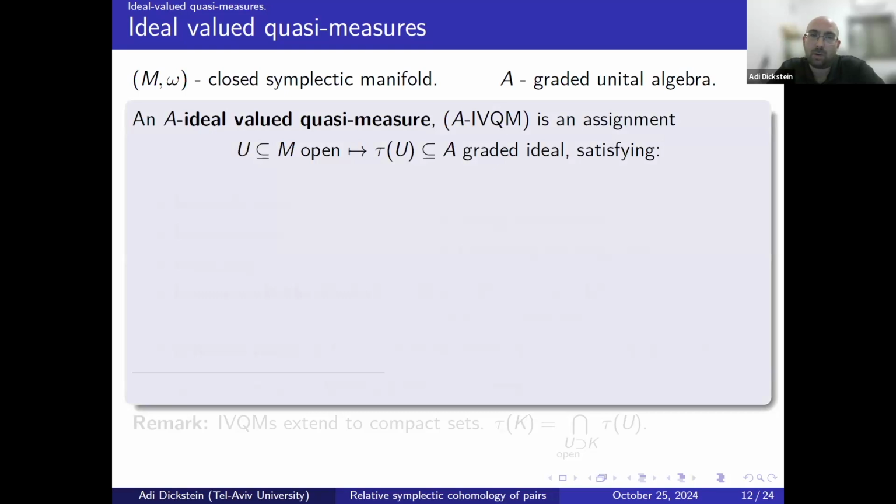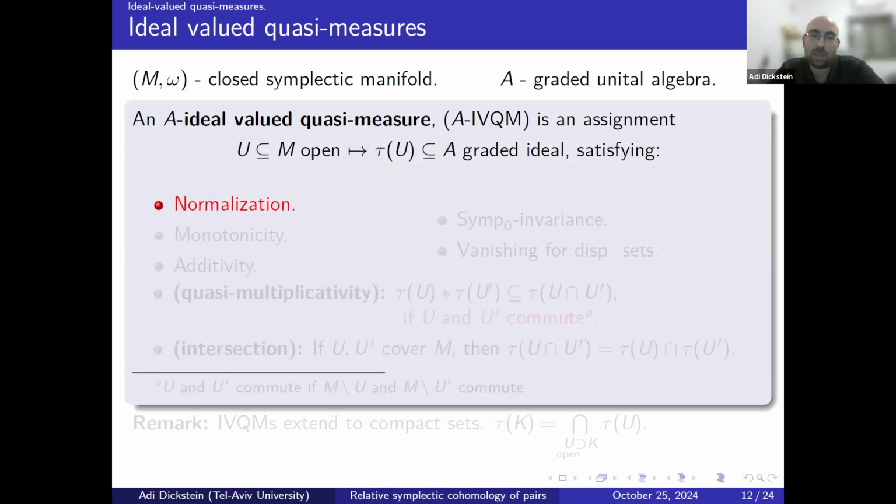What is an ideal valued quasi-measure? It is an assignment from open sets of M to graded ideals of A, and it satisfies several axioms, for instance normalization, monotonicity, additivity for finite disjoint unions, symplectic invariance, and also vanishing for displaceable sets.